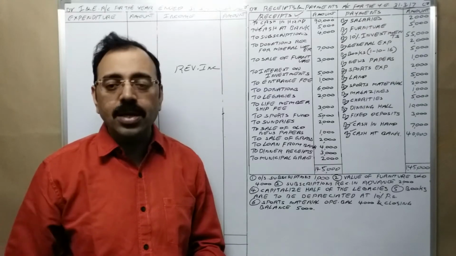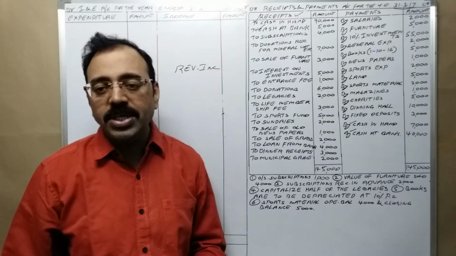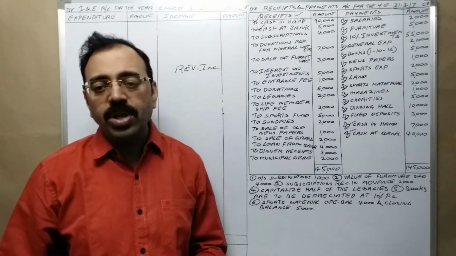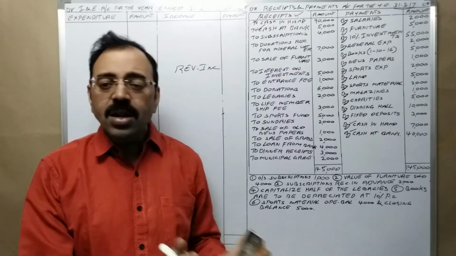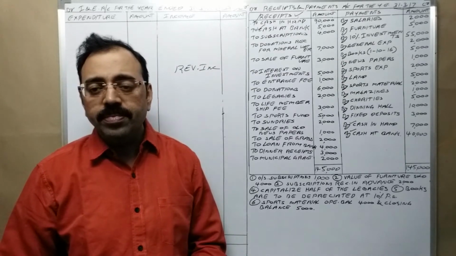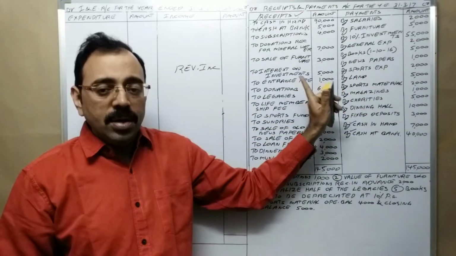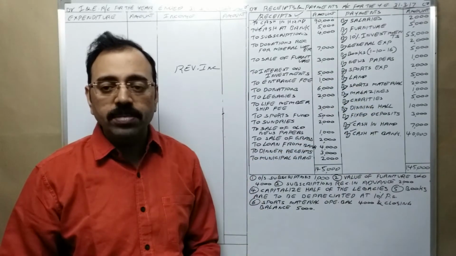For example, salaries. Every month we pay. So it is a revenue expenditure. Revenue expenditure gives short-term benefit to the firm. Here short-term means within 1 year. Now, receipts and payments account contains capital expenses and revenue expenses both.